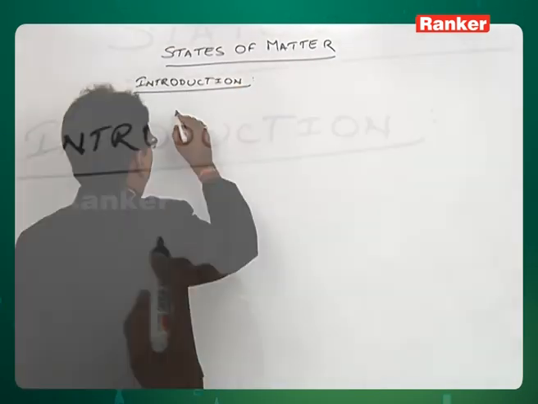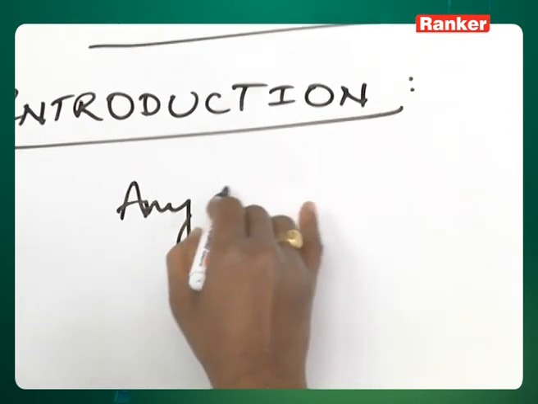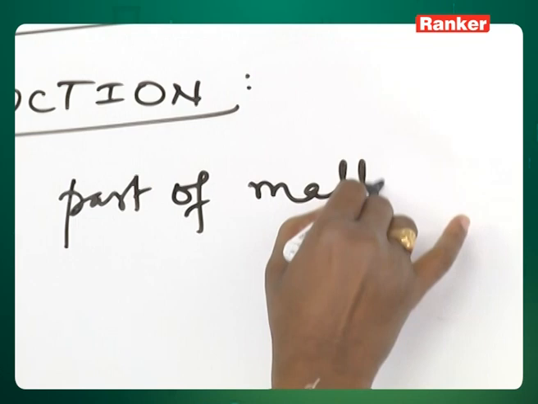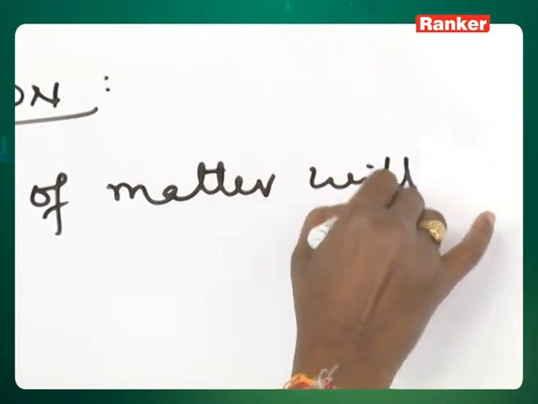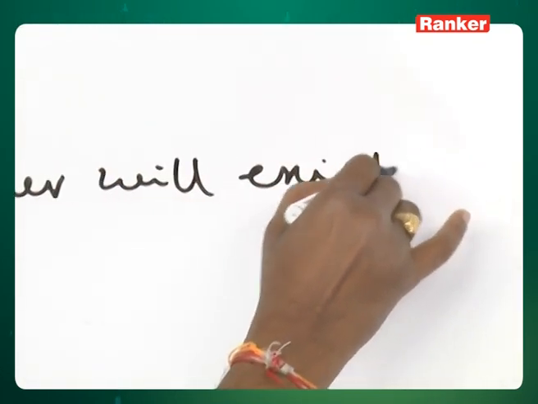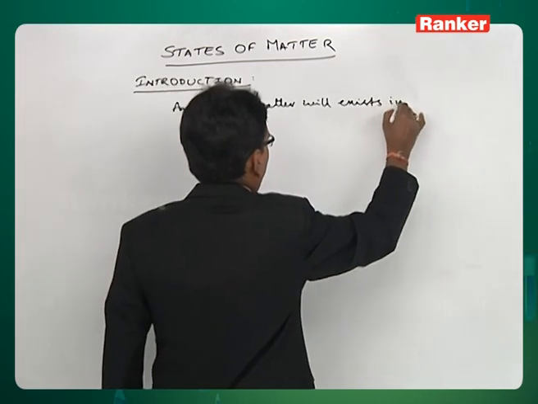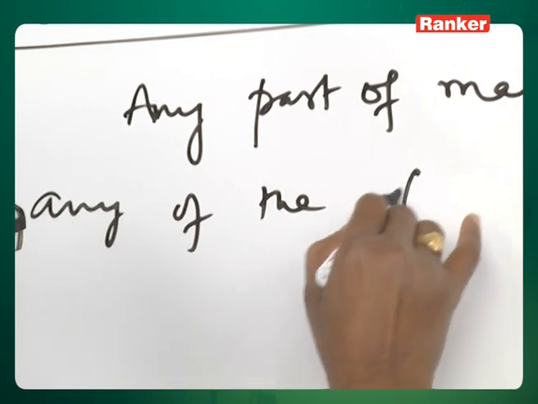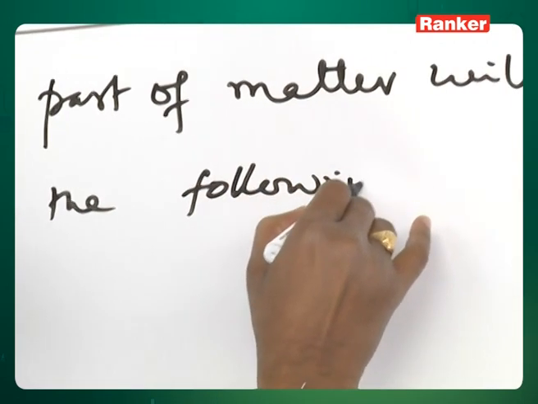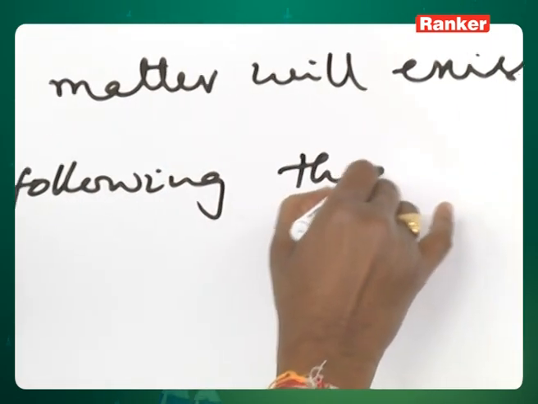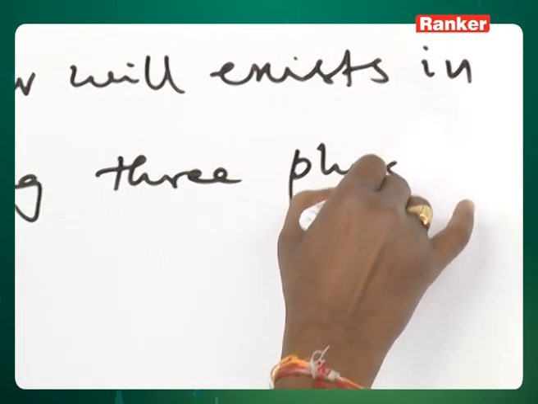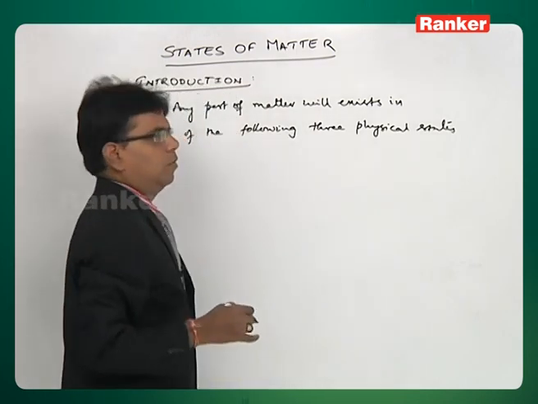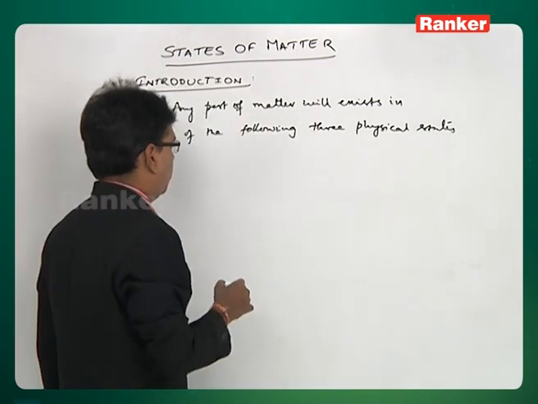Any part of matter will exist in any of the following three physical states. What are the three physical states?